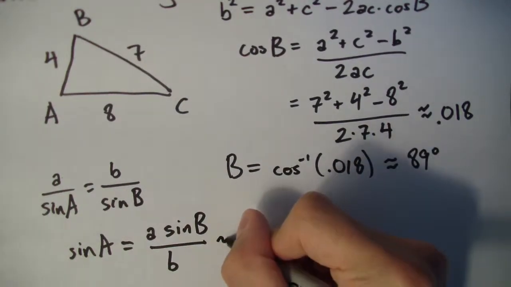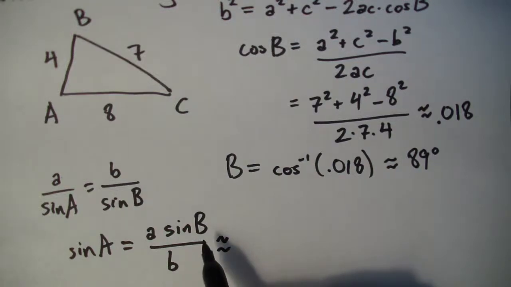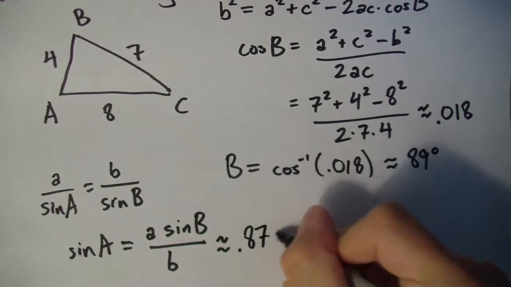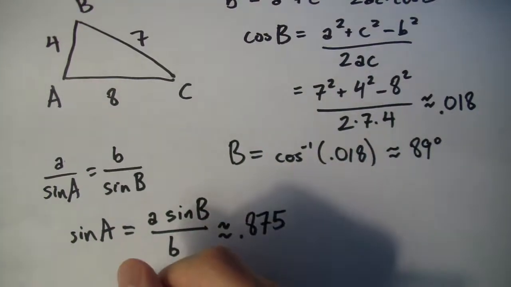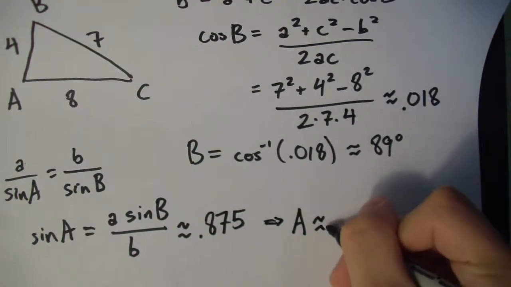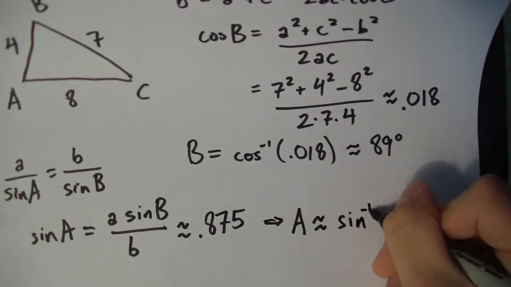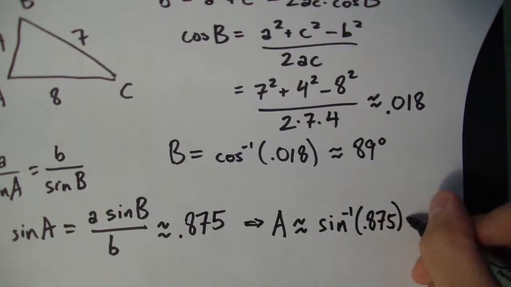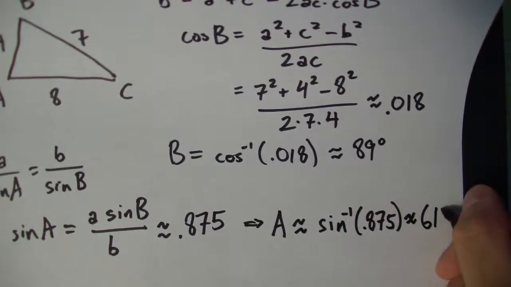And when we compute that using the angle B that we just found, this comes out to be about 0.875, and so A is inverse sine of 0.875, and that comes out to be approximately 61 degrees.